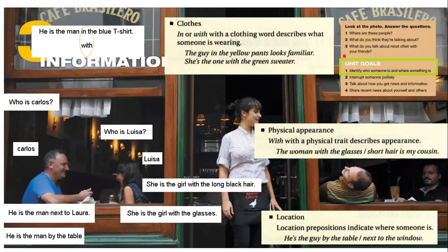The word starts with G, comienza con G. Mustache, ¿no? Ah, yeah, that's right. Mustache. He's the man. Mustache. Tienes que utilizar donde dice physical appearance.